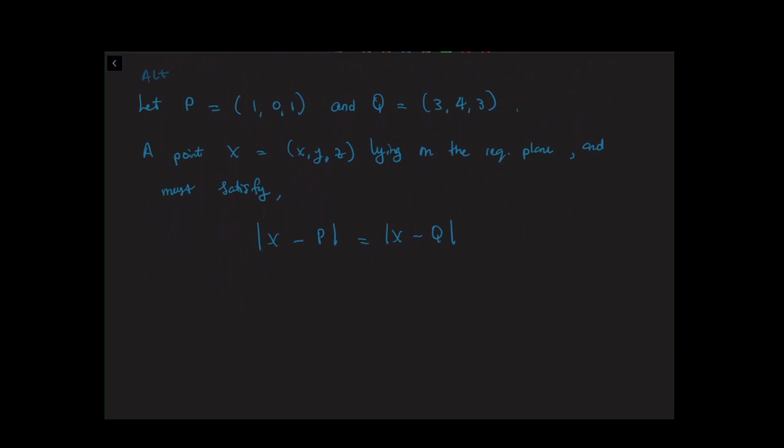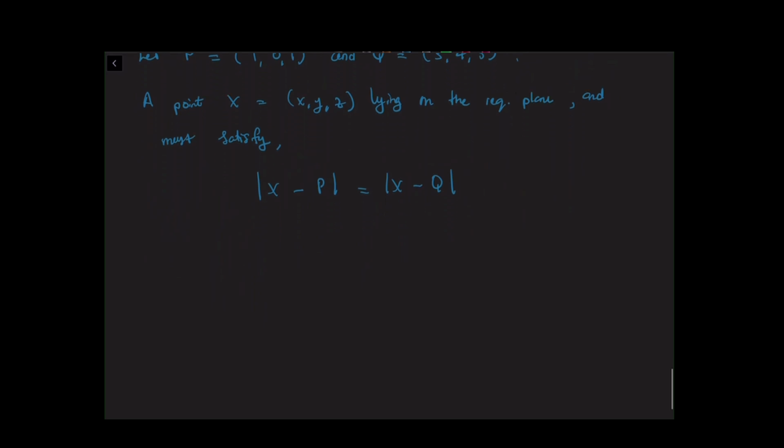So we can take the 2 points, insert them into this equation here, solve them, and we should get the same answer. So P is (1, 0, 1).